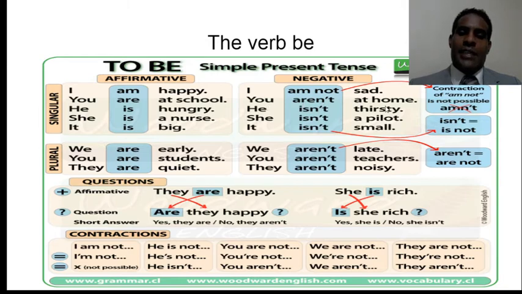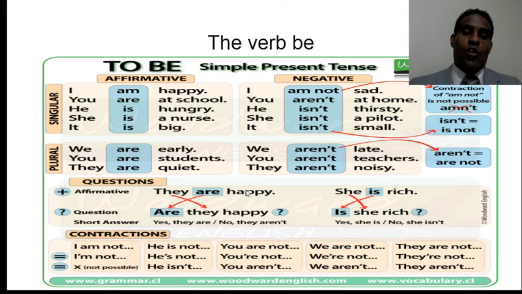You are not at home, or you can say you aren't at home as a contraction. He isn't thirsty. She isn't a pilot. It isn't small. So this is the way, or the structure, of how we use the negative form of the verb to be.